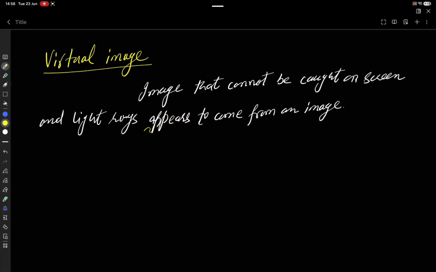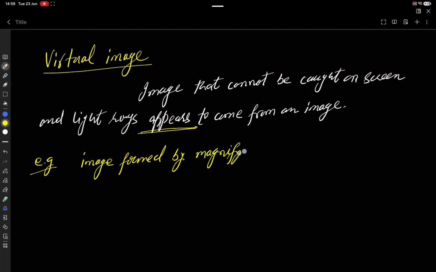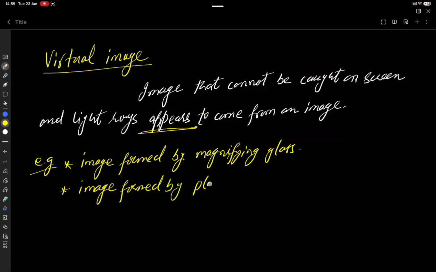That is the virtual image. The important point is that light rays appear to come from an image. Examples: image formed by a magnifying glass, image formed by a plane mirror.